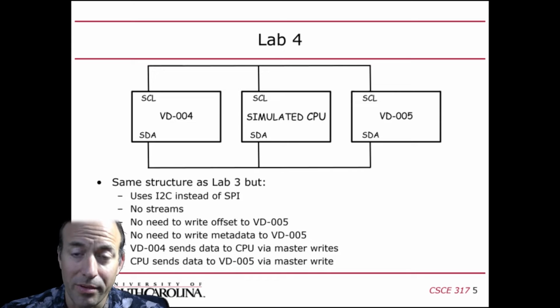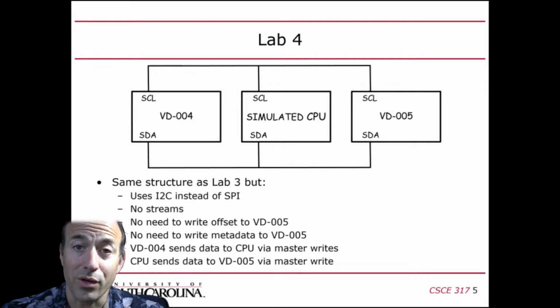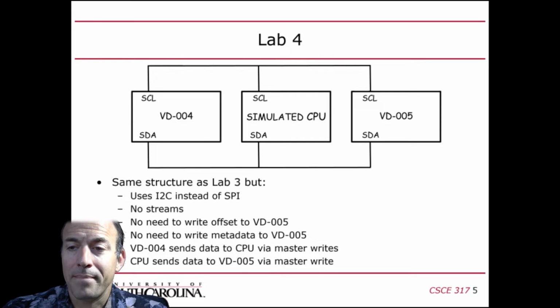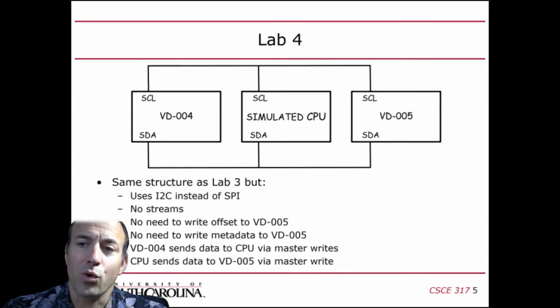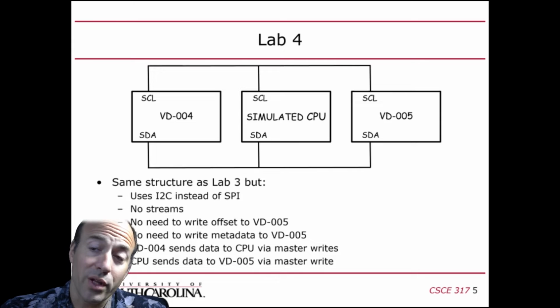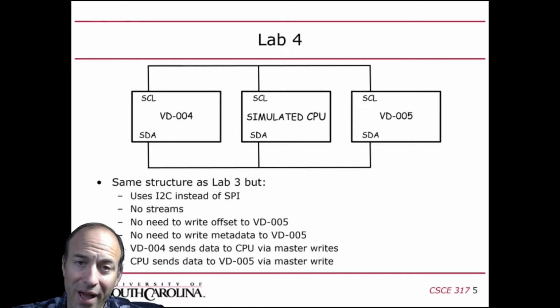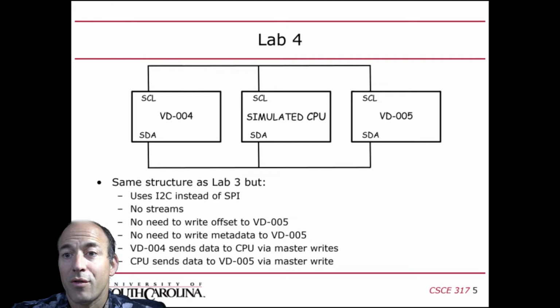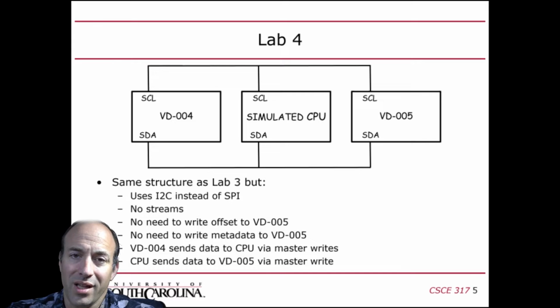So you have a simulated CPU, and then you have a sensor, which we now call VD004, and a storage device that we call VD005. All three of these devices are connected to an I2C bus, and the objective is for the CPU to act as a bridge to convey sensor readings from the sensor and store them in the storage device, and then that's it.